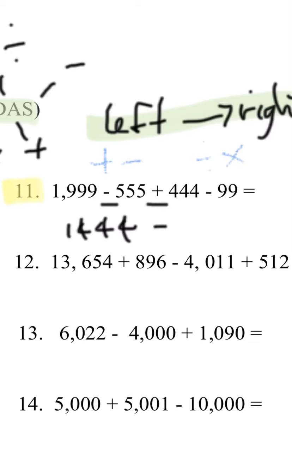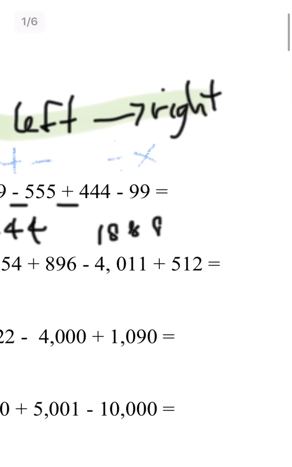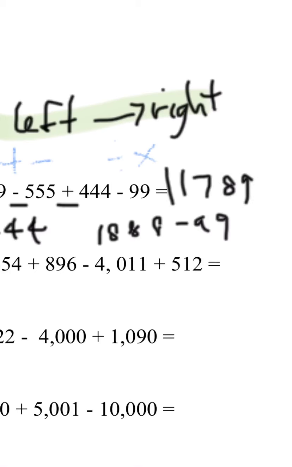And then add 444 is 1,888, right? And then lastly, we subtract 99, which is 1,789. That is your answer.